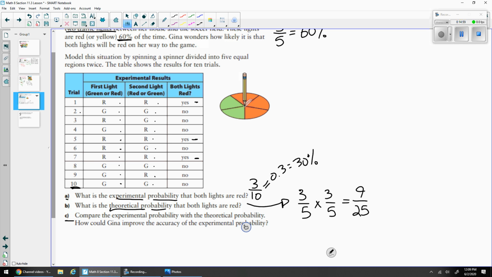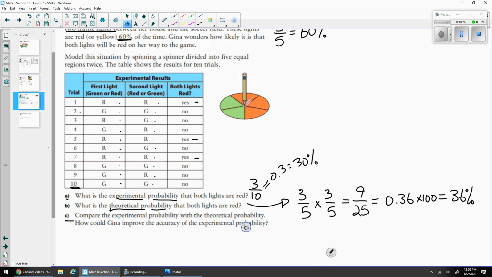So there's a 30% chance experimentally that it'll be red. 9 out of 25, if you go 9 divided by 25 in your calculator, you get 0.36 times by 100 equals 36% chance that the lights will be red. So the theoretical probability that the lights will be red is greater than the experimental probability.